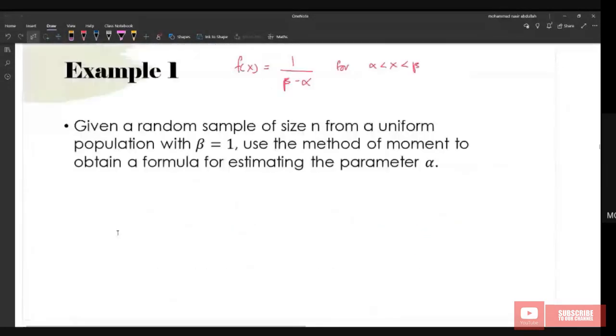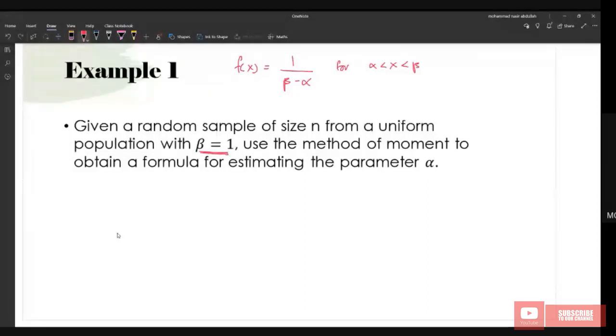Example number 1. Don't worry, I will give this slide in the class material, so you can refer back later. Example number 1: given a random sample of size n from a uniform population with beta equal to 1, right?